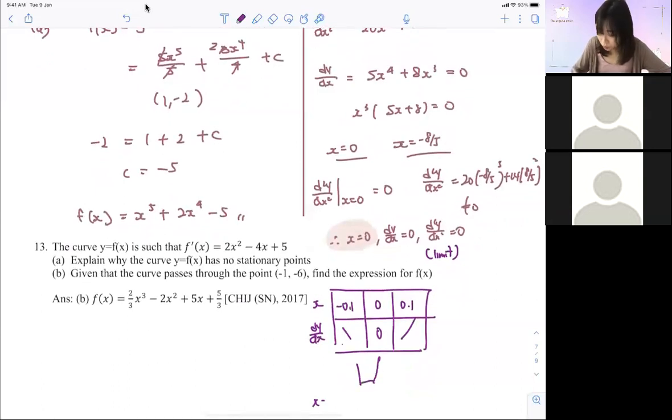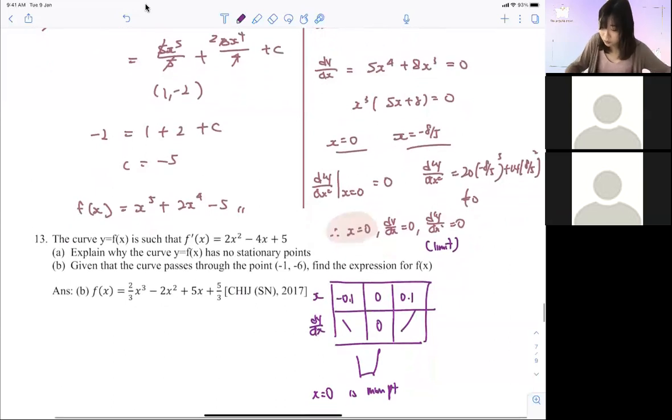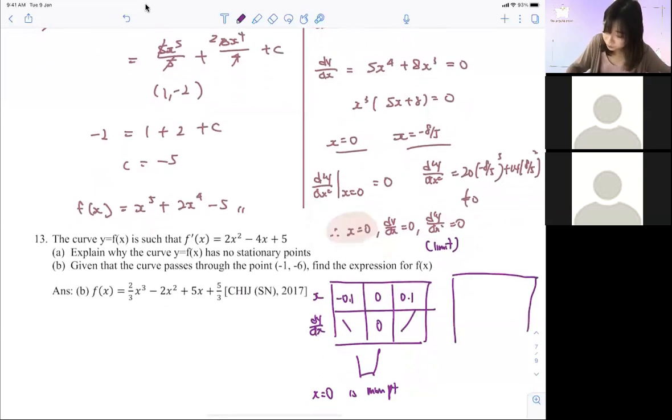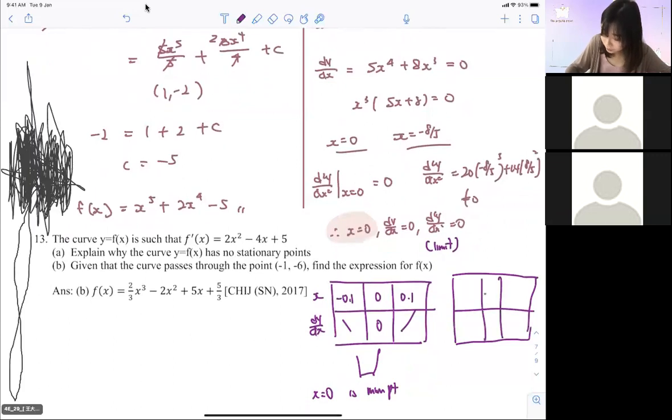So x equals 0 is a minimum point. Okay, do the same for the other side. This is minus 8/5. So this one minus 1.7, this one minus 1.5. Okay, substitute inside also.